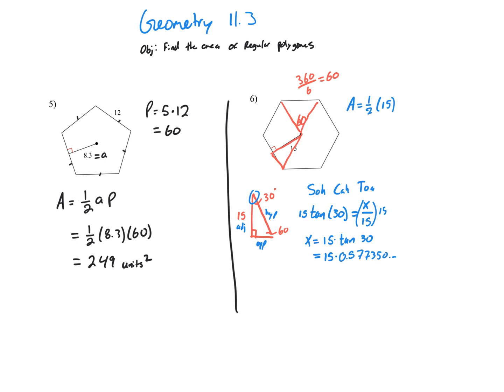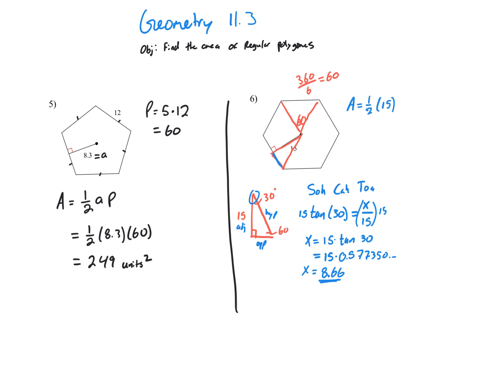I'm just going to say times 15 here on my calculator. And I'm going to get that length of x to equal 8.66025. We'll just run it to 2 decimal places, so 8.66. So this length right here is this length.